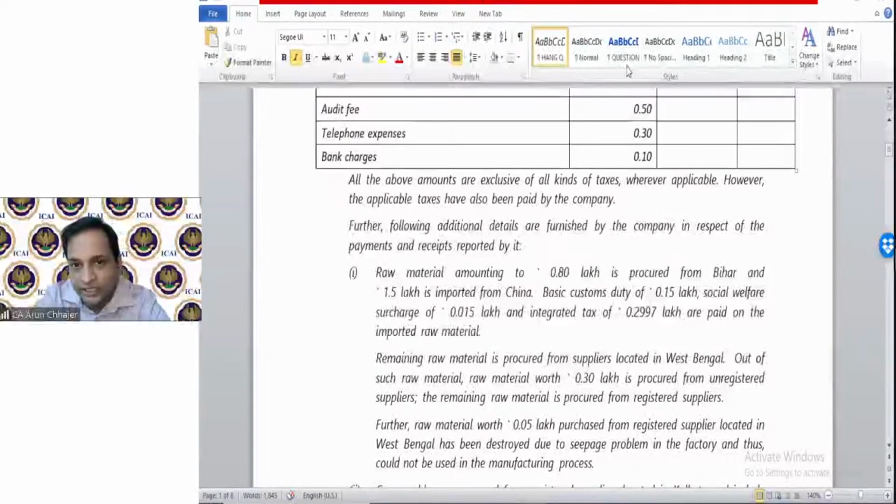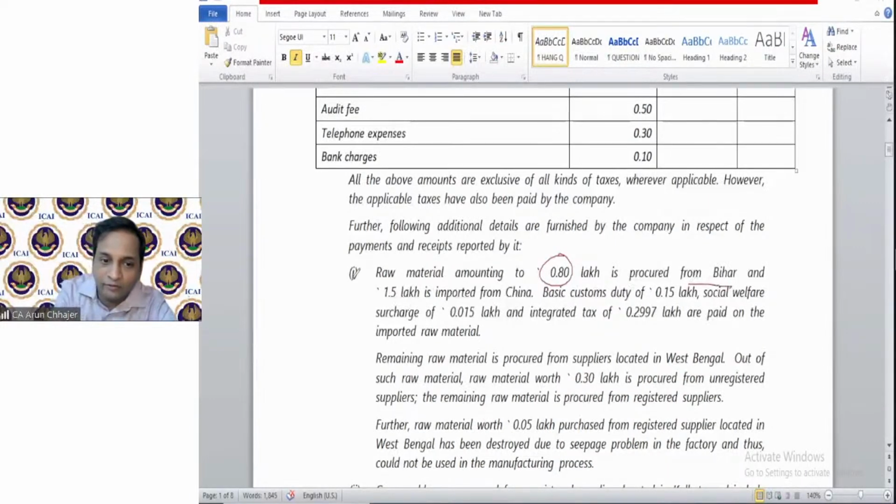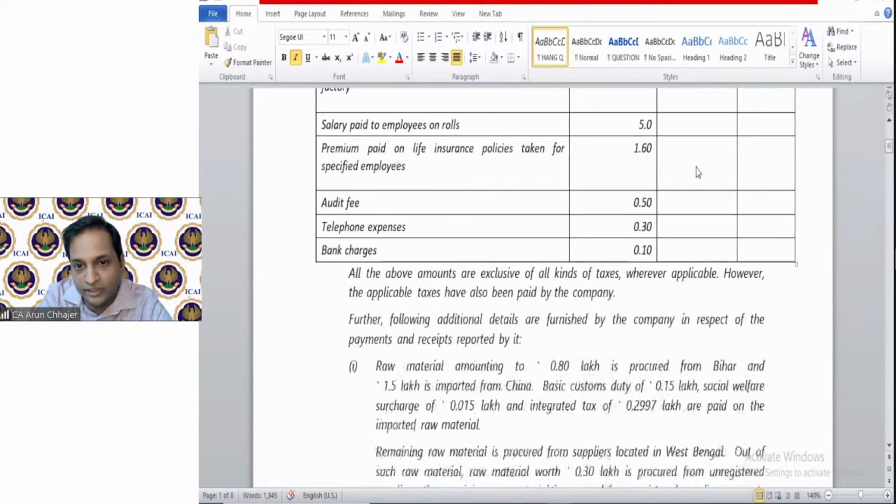So now I would need your active reply on all the points given in the additional information. The raw material amounting to rupees 0.80 lakhs is procured from Bihar and 1.5 lakh is imported from China. Fine. How much is the total raw material?